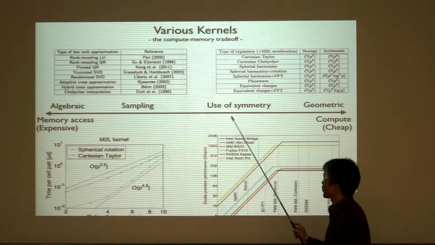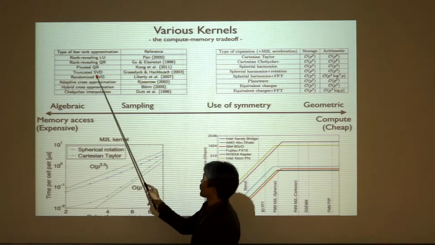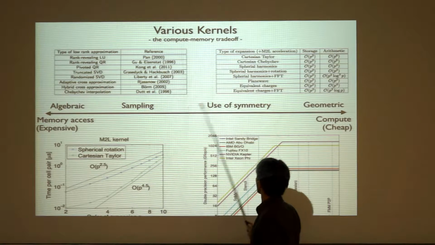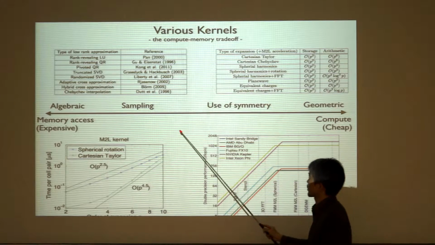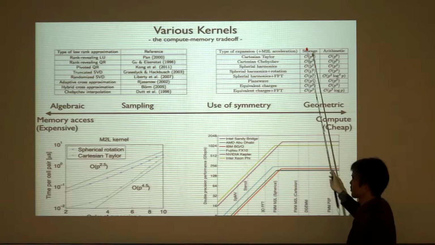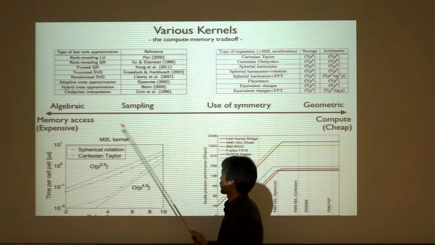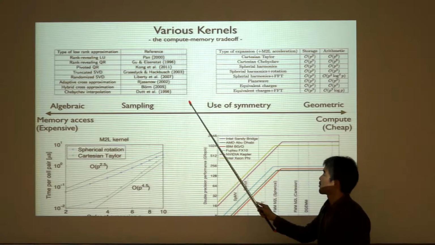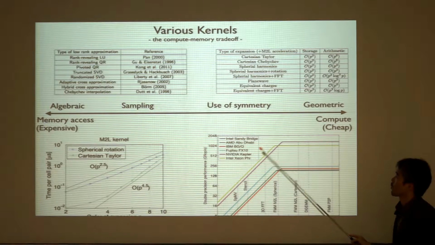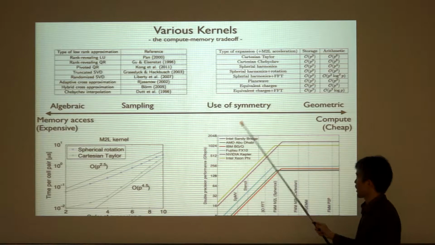But also these sampling techniques like the randomized versions, and you can also think of these equivalent charges as some sort of sampling technique too. So it's not just binary. It's not like you're either geometric or algebraic. There are intermediate points where these methods can be combined.